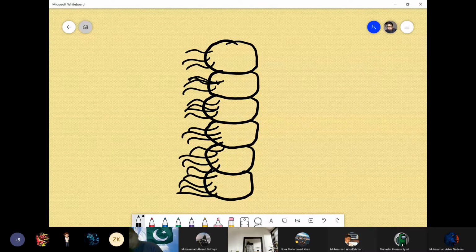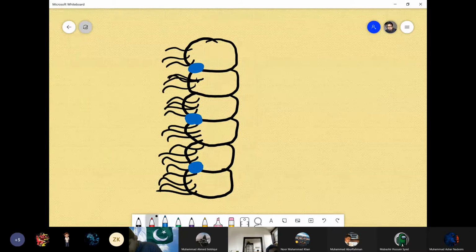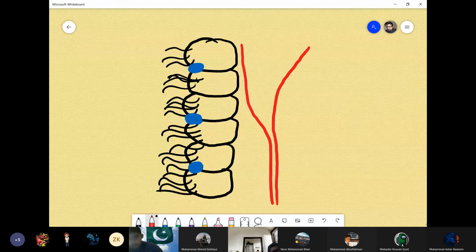Another thing: in between these ciliated epithelial cells, another type of specialized cells are also present. And behind the ciliated epithelium, there are blood capillaries.